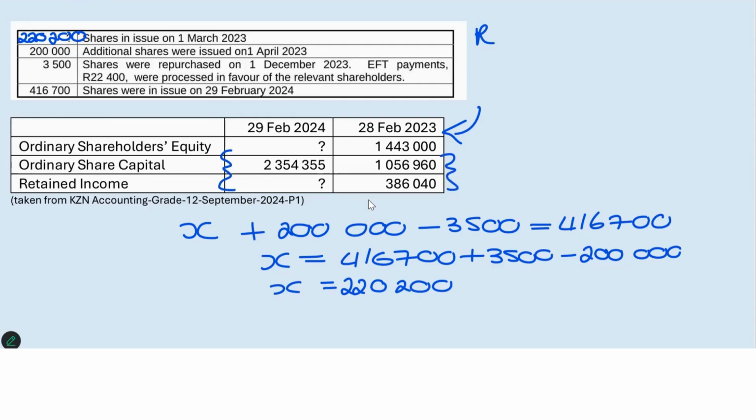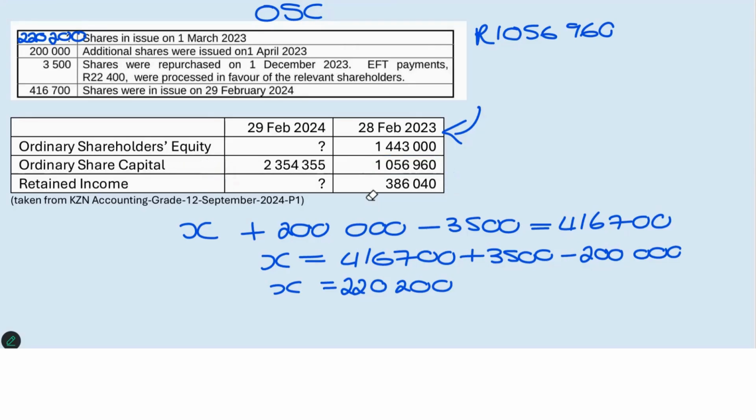Very important. And here we're focusing on your ordinary share capital, so we need to focus on these particular figures. Right, good. So there's the 28th of February 2023, which would then be the opening balance or rand value of our ordinary share capital. So we can put in there 1,056,960 as the rand value of these shares that were in issue at the beginning of the year.